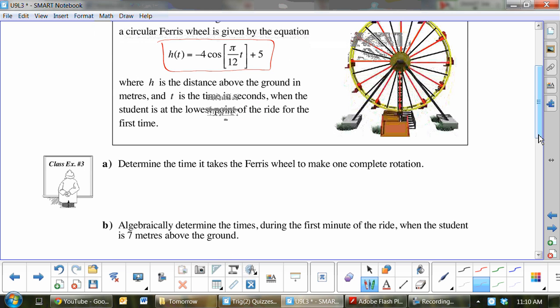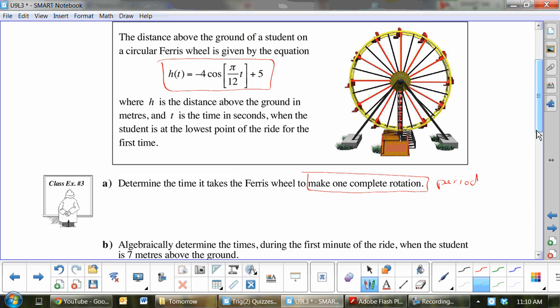Now, determine the time it takes the Ferris wheel to make one complete rotation. What is another way of saying one complete rotation? Period. How are we supposed to find the period of this Ferris wheel? 2 pi over 12.